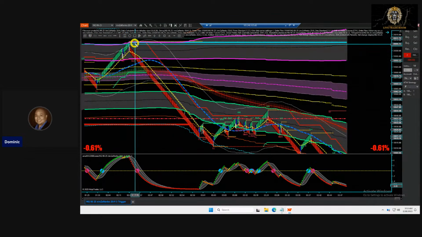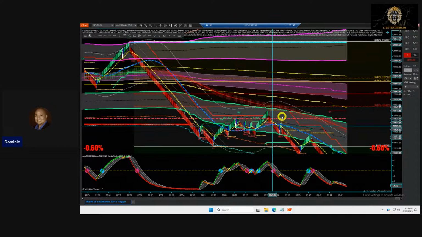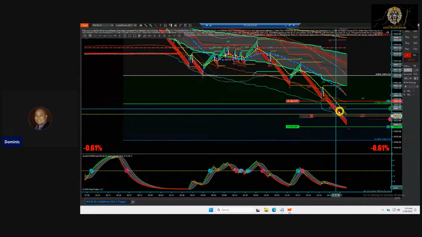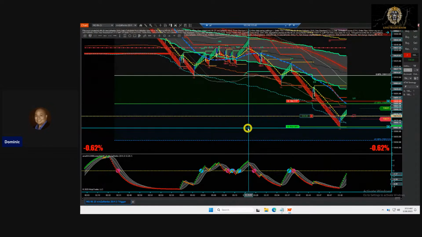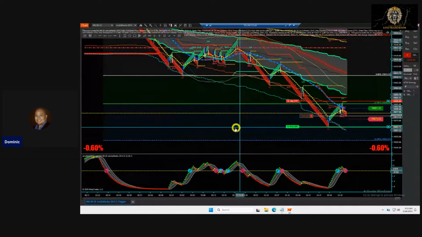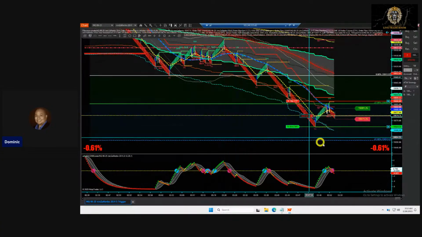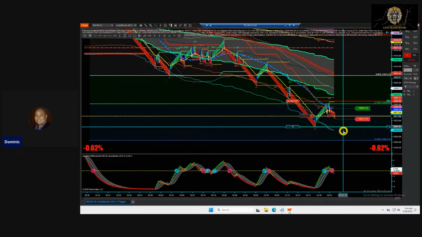The Fib extension. Going back, running to 38. Not quite. However, we hit this profit target. Looks like we're trying to get down there. So this may continue coming down.